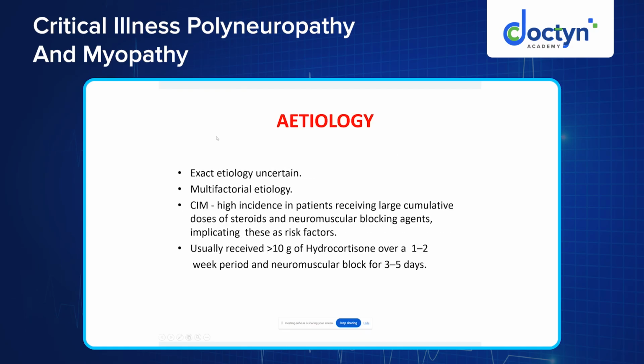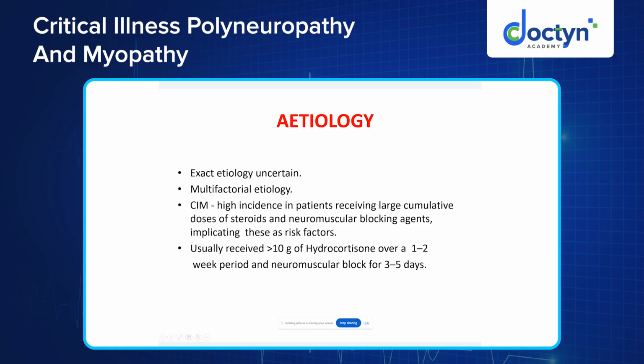When we talk about the etiology, it is multifactorial and the exact etiology of CIM is unknown. But again, there is high incidence in patients receiving large cumulative doses of steroids and neuromuscular blocking agents, which are important risk factors for the development of CIM.